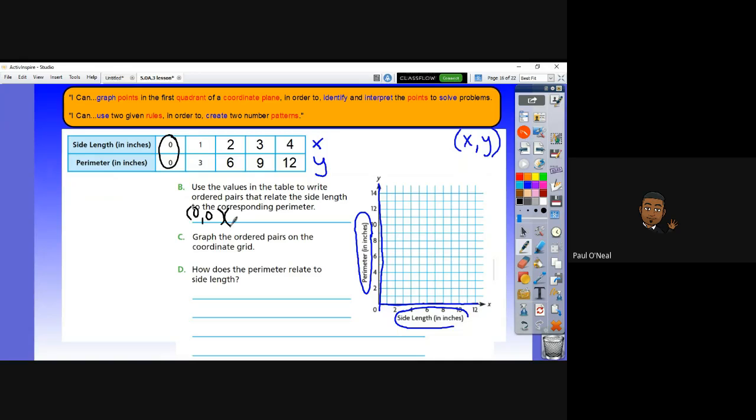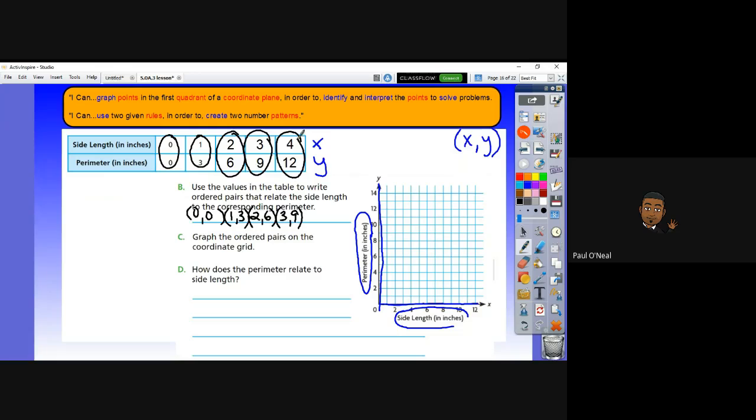Next, we have 1 for x, 3 for y. Then we have 2 for x, 6 for y. Then we have 3 for x, 9 for y.